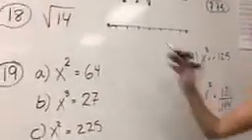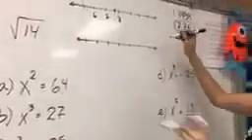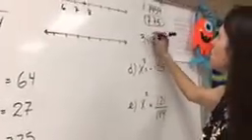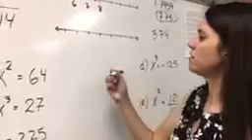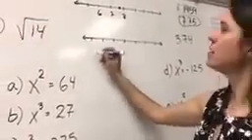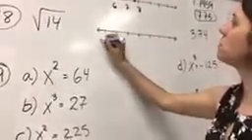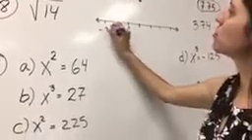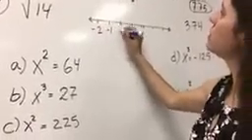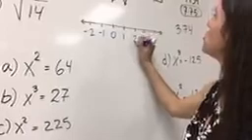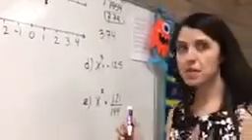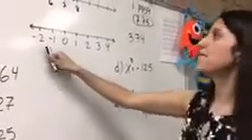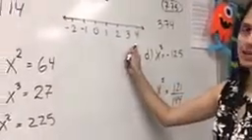If I calculate the square root of 14, it's going to be 3.74 roughly. Again, I can start wherever I want. If I want to start here at negative 2, negative 1, 0, 1, 2, 3, 4. Again, it is very, very important that you label your number line.